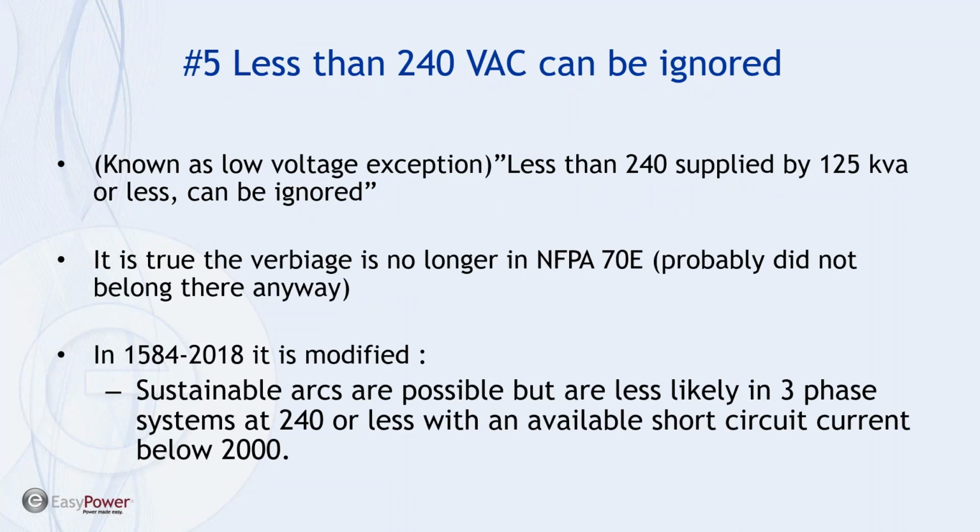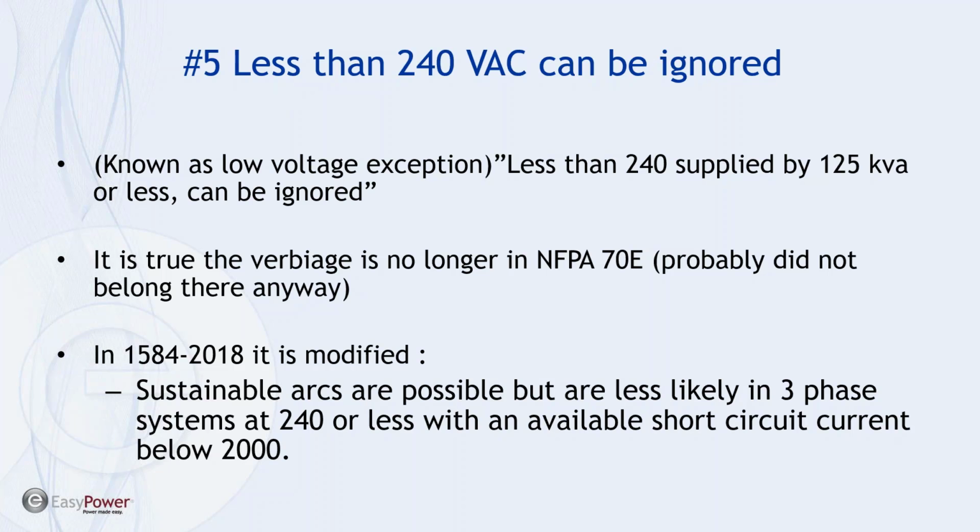Number 5, this used to be called, or is called, the low voltage exception. In the original version of 1584, it had the verbiage that less than 240 volts supplied by a 125 kVA transformer or less can be ignored. And it's true, there's some people think it's been removed from the standard.